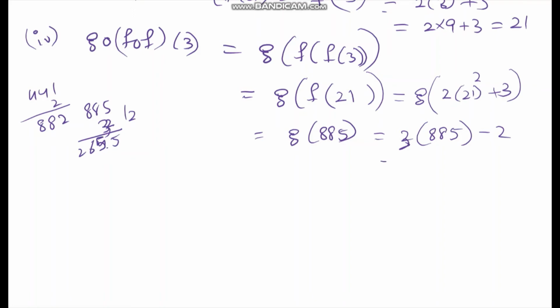So 3 into 885 is 2655, minus 2, that equals 2653. This is the value.